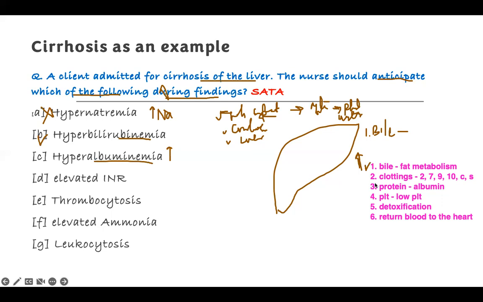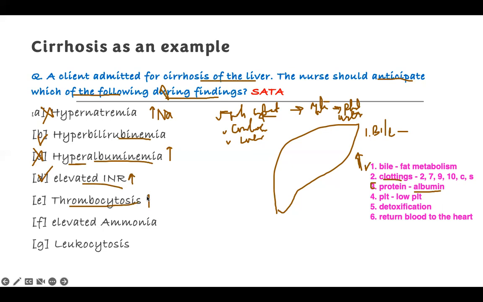If the liver is affected, you can't make your protein. So albumin goes down. So it's hypo. Elevated INR. Liver makes clotting factors. If I don't make those clotting factors, my INR goes up, that means your blood will be thin. So this is right.